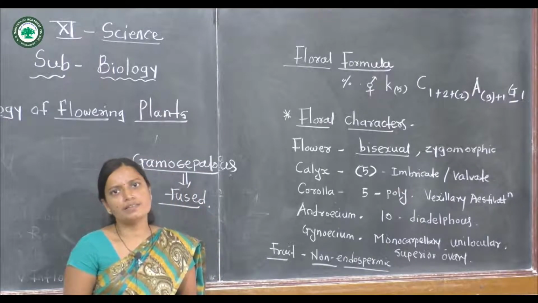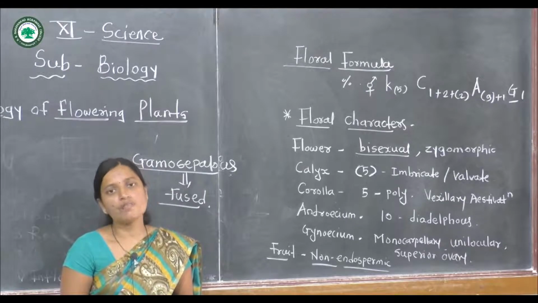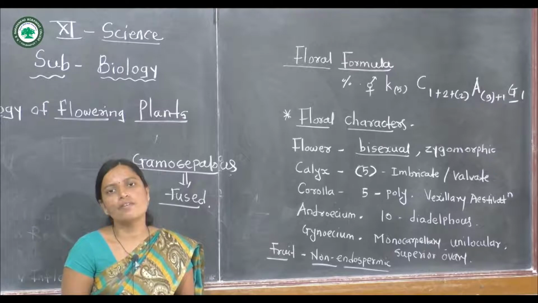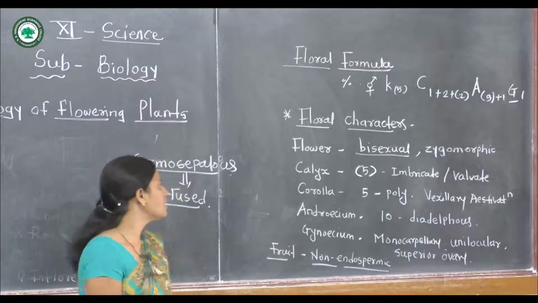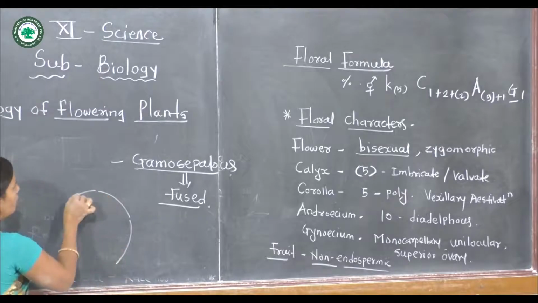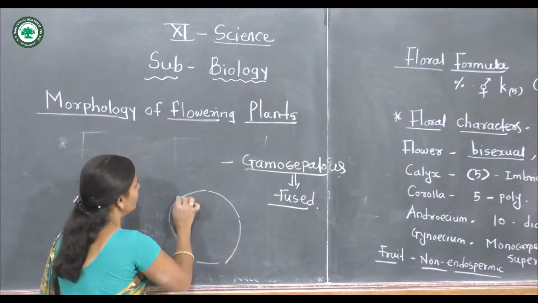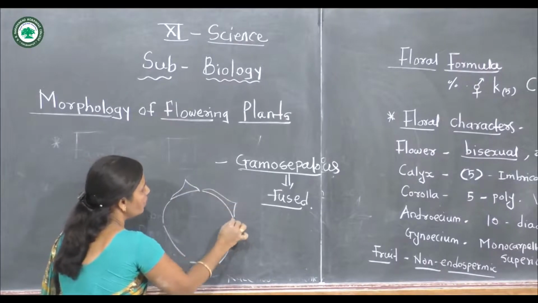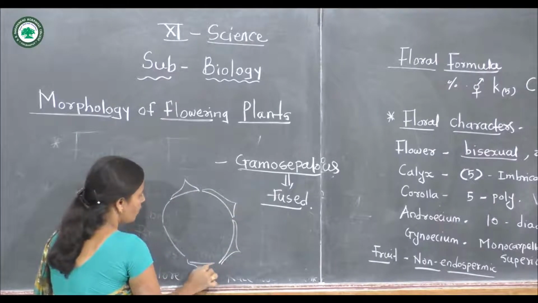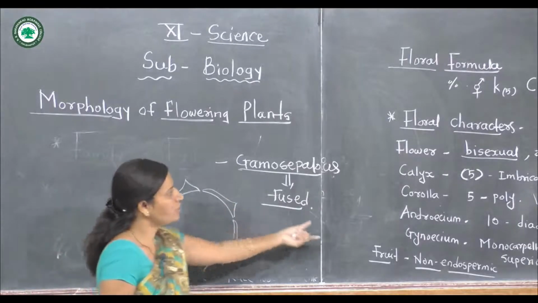Now this calyx is an imbricate type in the family Fabaceae, or in some other plants it is a valvate estivation. Valvate estivation means the margin of one sepal only touches the other sepals, and this type of arrangement is called the valvate type of estivation.